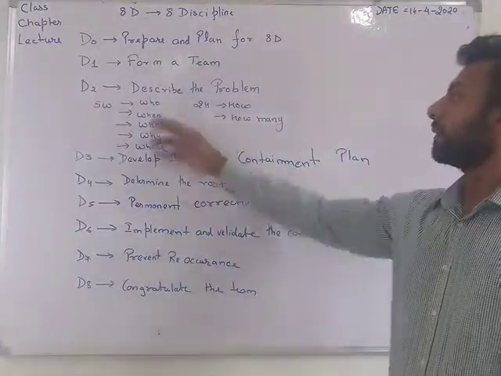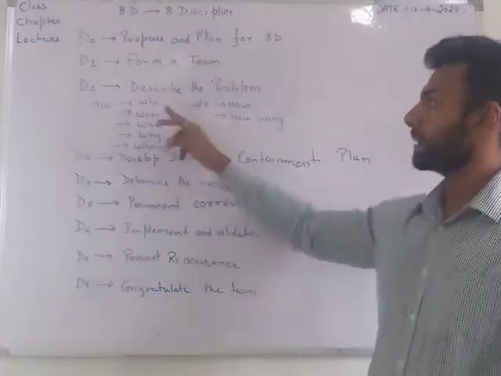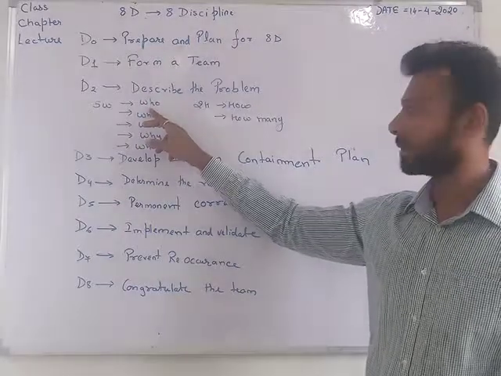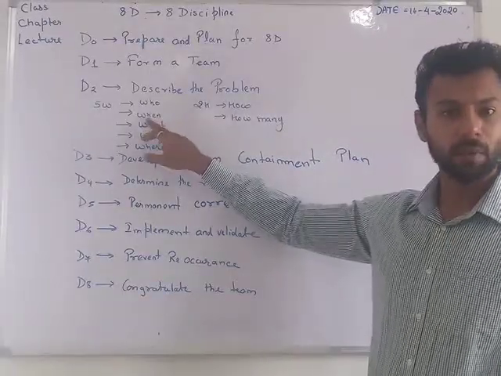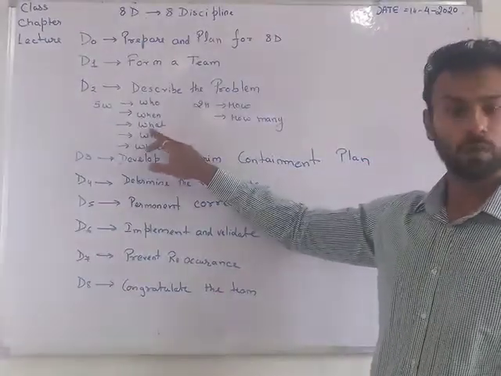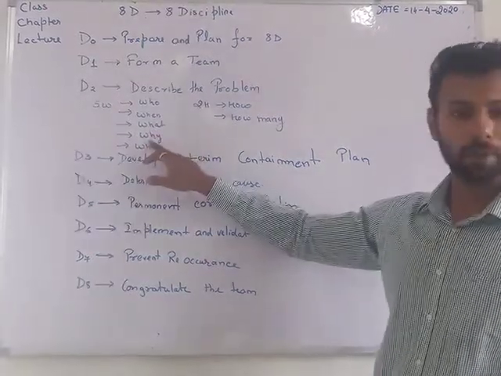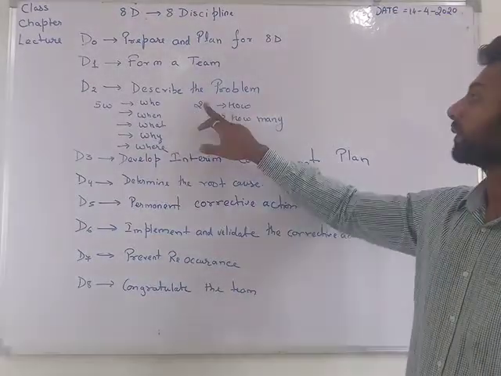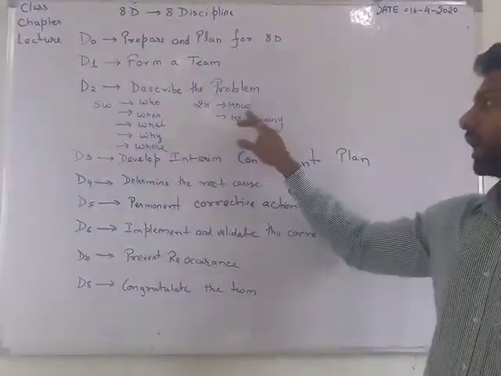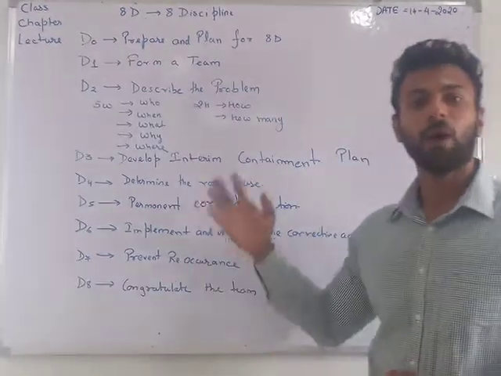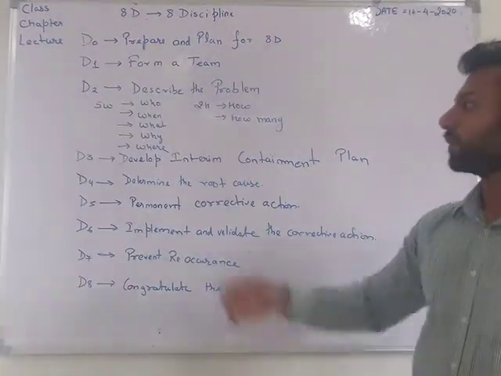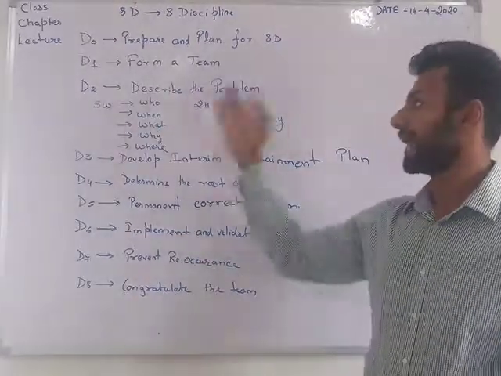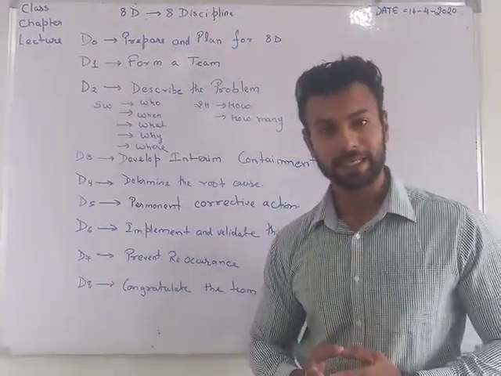After that, we have to describe the problem on the basis of 5 W's: who created the problem, when the problem was created, what the problem was, why this problem occurred, and where the problem was found. Then 2H: how the problem occurred and how many times the problem occurred. So we have to use the 5W and 2H principle to describe the problem sentence.